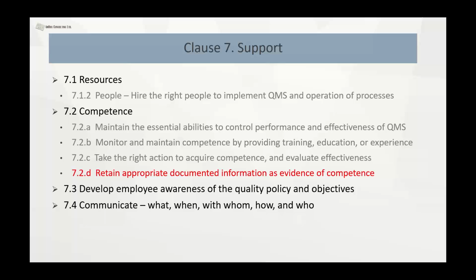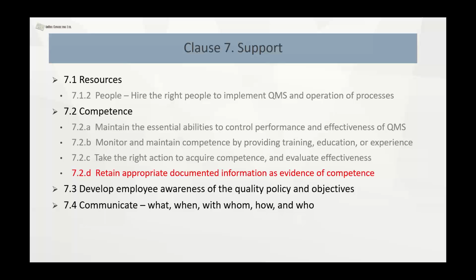So paragraph 7.2 is titled competence, and then it has a number of subparagraphs. The point is that you, as an organization, have to maintain control of the performance and effectiveness of your organization.